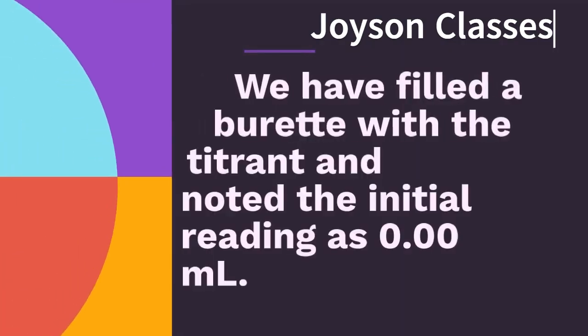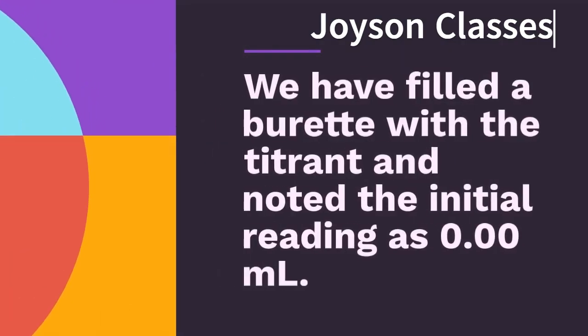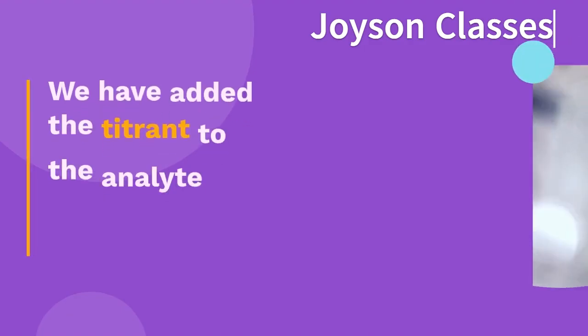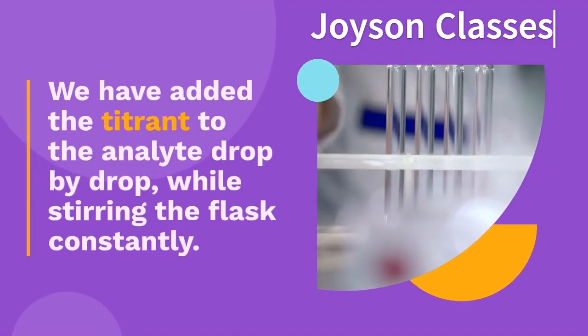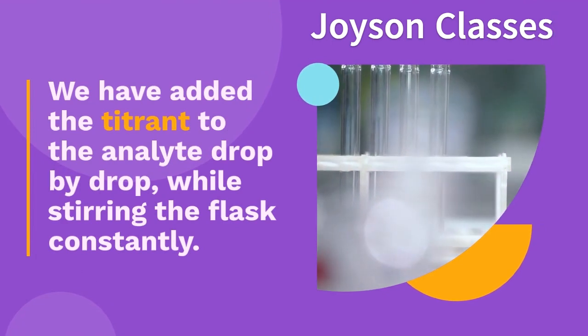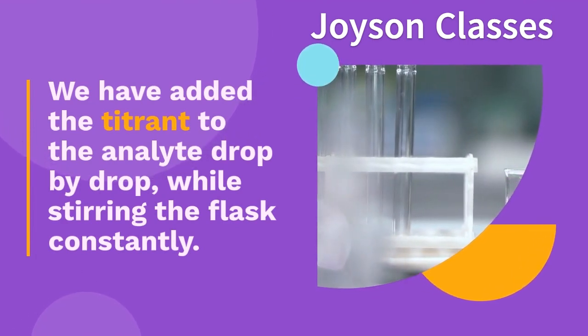We have filled a burette with the titrant and noted the initial reading as 0 milliliters. We have added the titrant to the analyte drop by drop, while stirring the flask constantly. We have observed the color change of the solution.